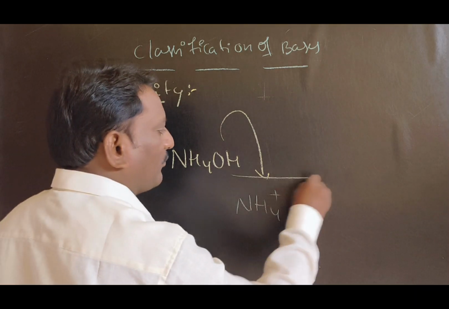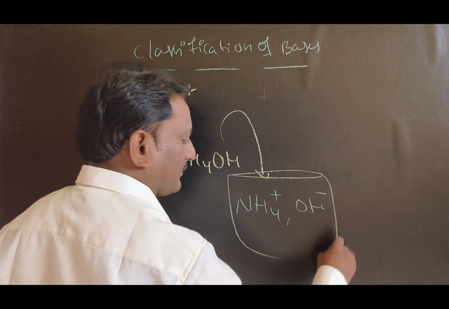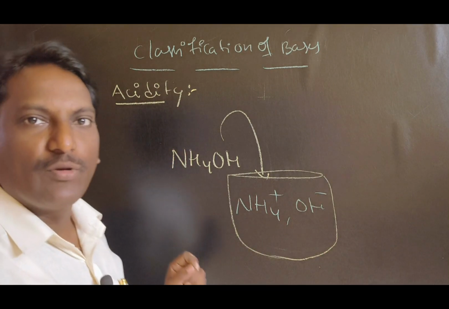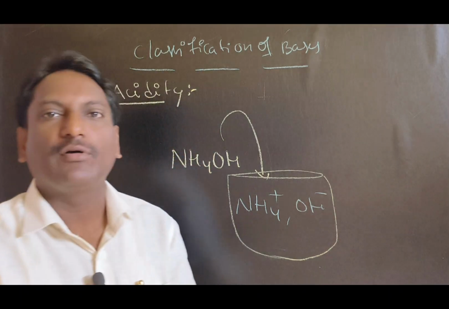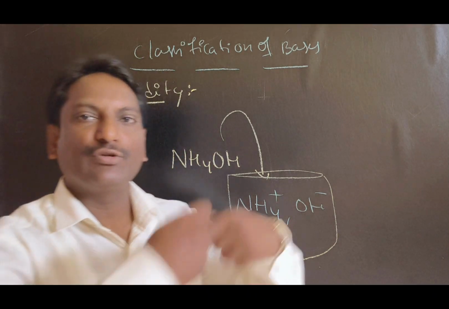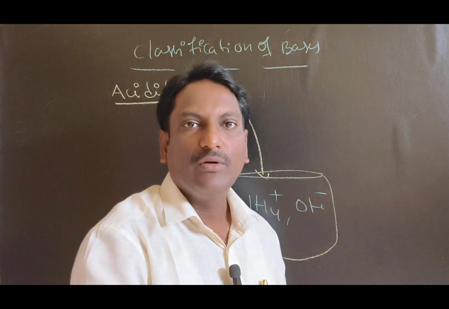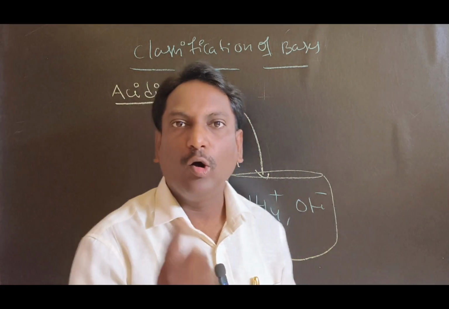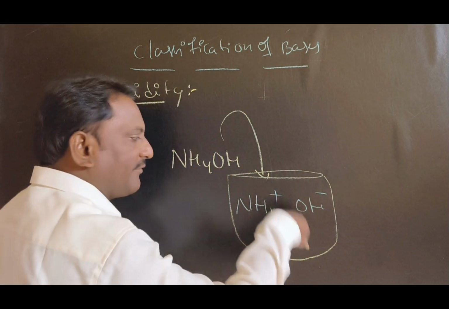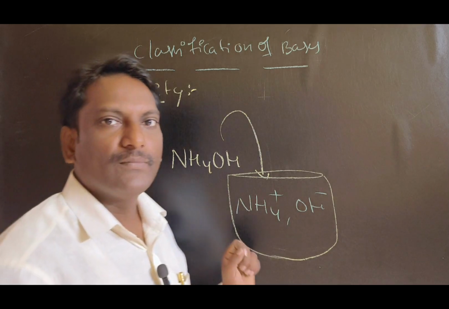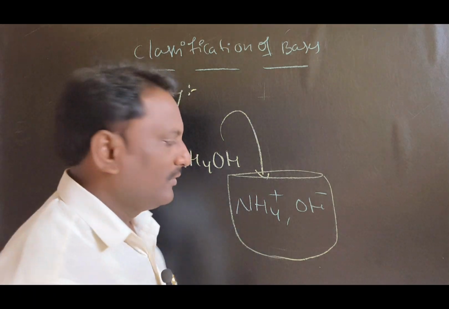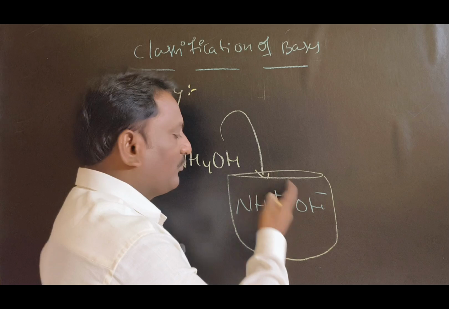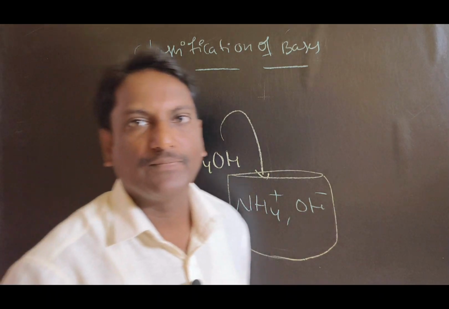How many OH minus ions are given by one molecule of ammonia? Yes, you are right, 1. So 1 is the acidity of ammonia.